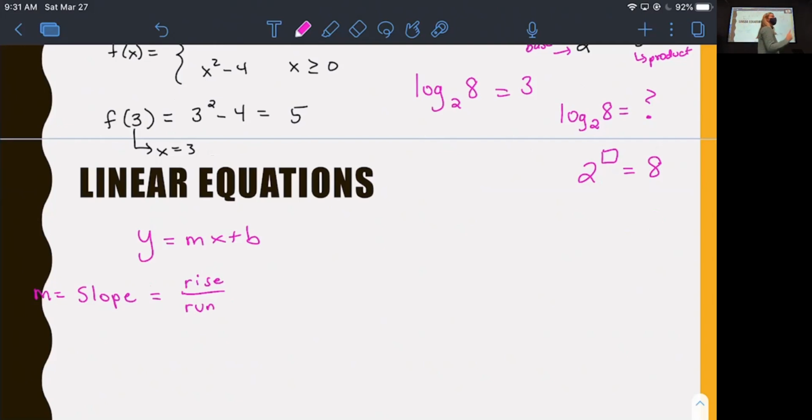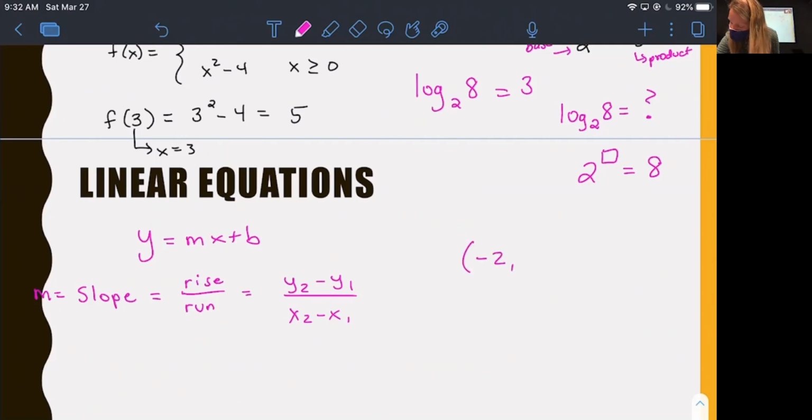So the slope is the rise over the run. Rise is your y's, run are your x's. So it's going to be either y2 minus y1 over x2 minus x1, or you can do y1 minus y2 over x1 minus x2. That'll be fine either way. That's how you can find slope if you're given 2 points.